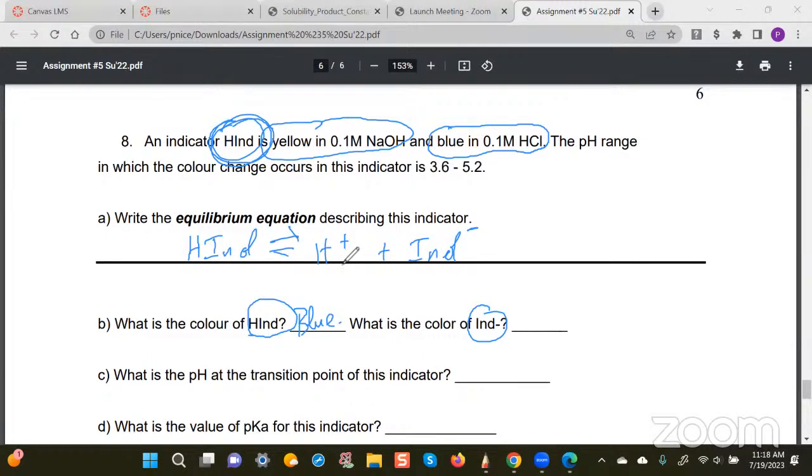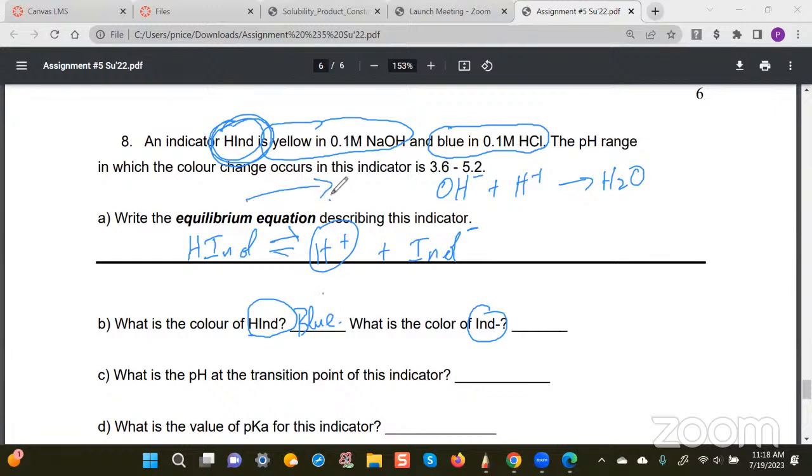No, I guess not. Okay, so the simple answer is the hydroxide ion will react with the H plus to form water, right? And the result of that is that the concentration of the H plus in this system will decrease. And according to Le Chatelier's principle, the system will try to shift in order to oppose that change. In other words, it's going to shift to the right.